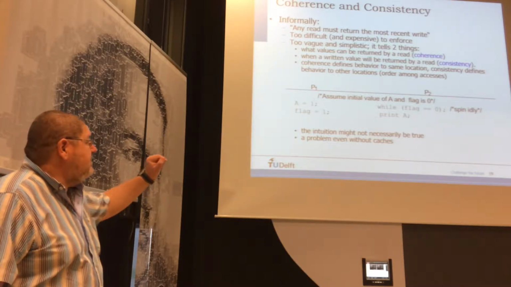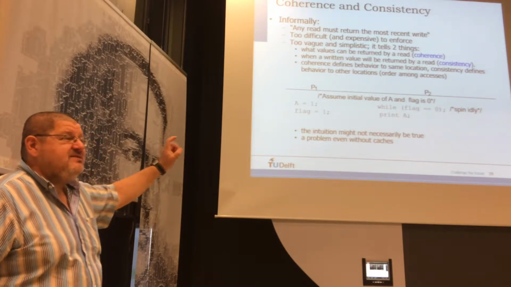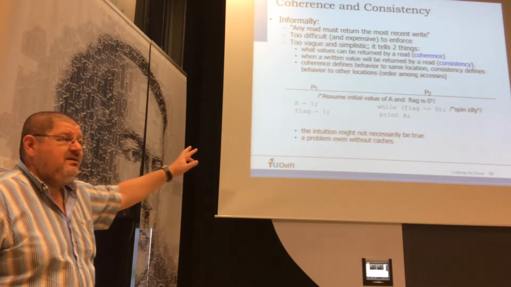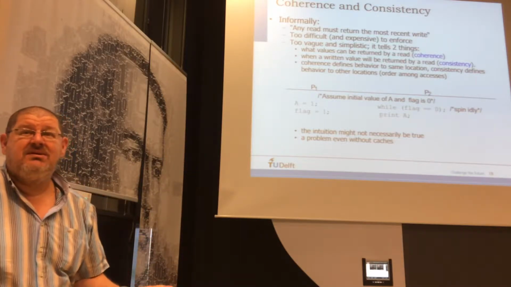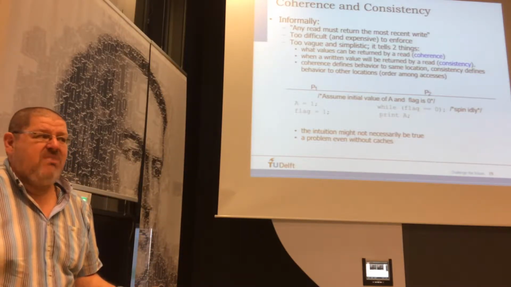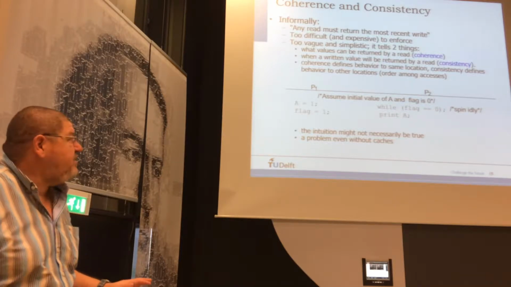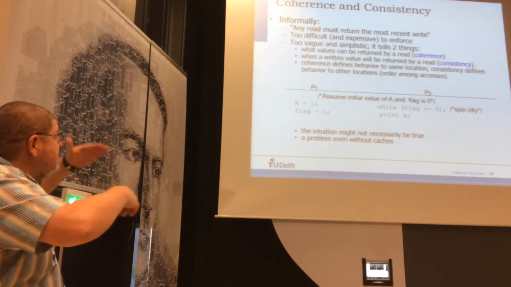Will I print A? What is the value of A? Yeah. Can you tell me that all the time? No. Not really, because you don't really know how the completion of the things are.